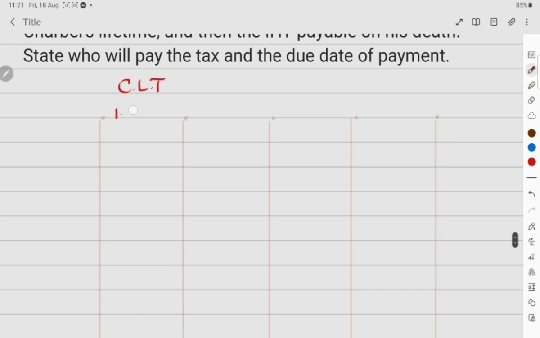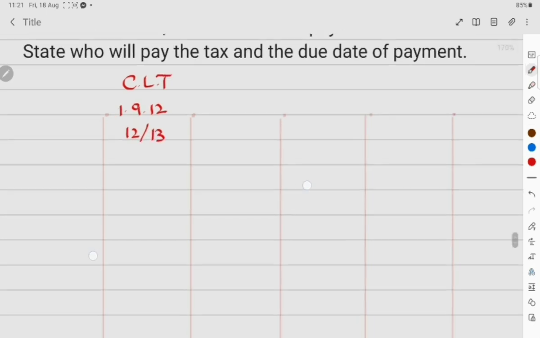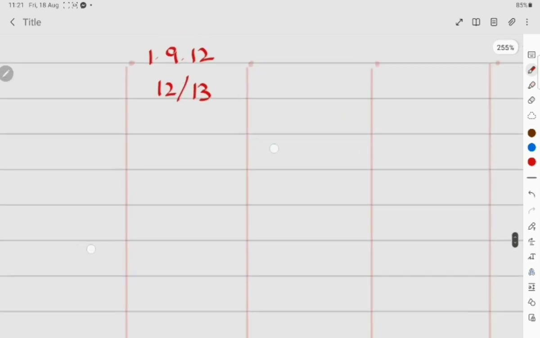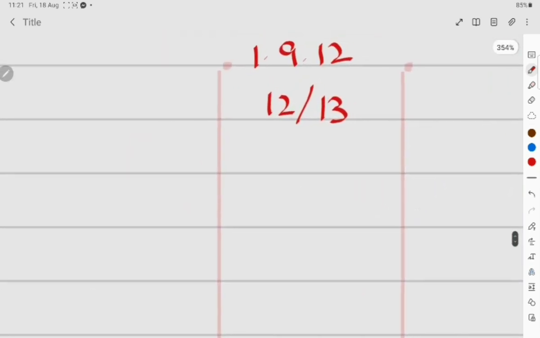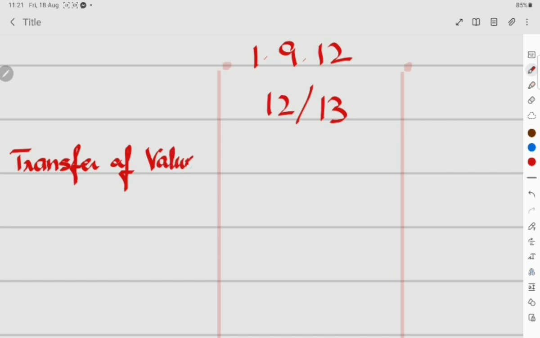Date of gift is given as 1st September 2012. So the tax year is 12/13. So we have to mention here the transfer of value for the first gift. The gift is for 3,15,000.